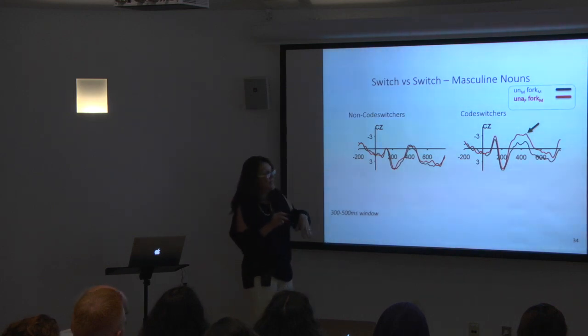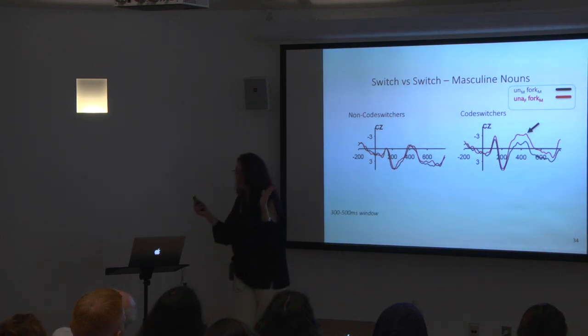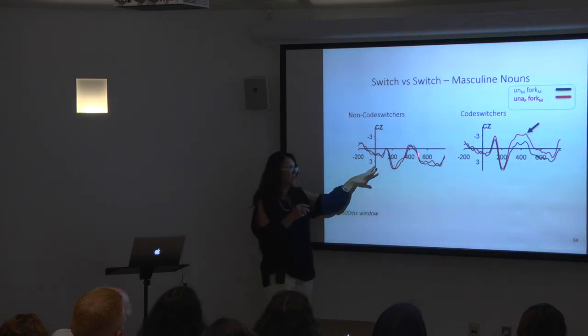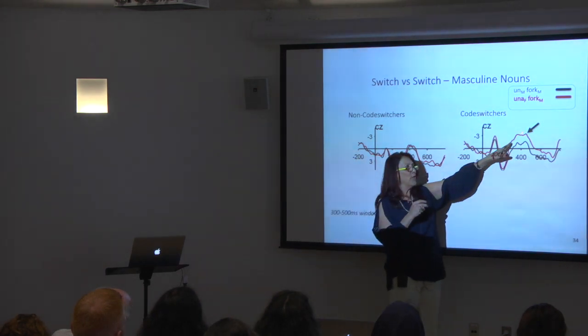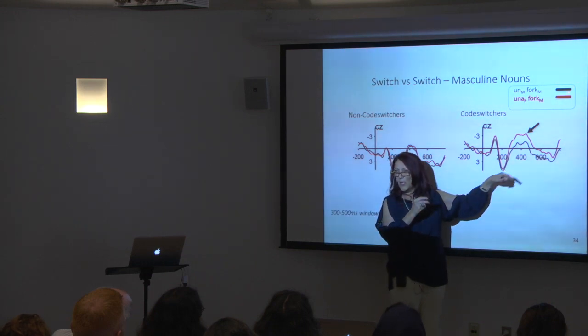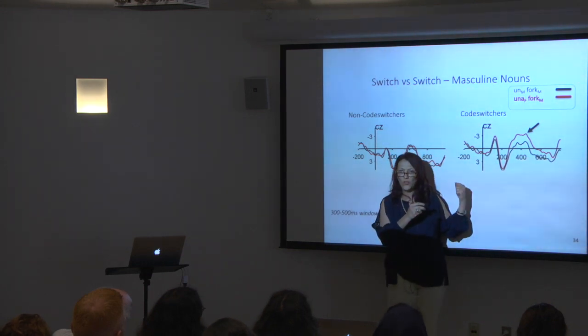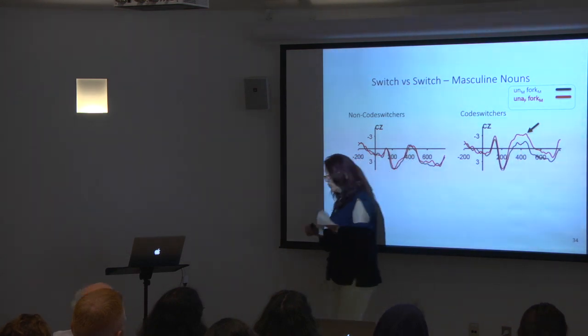And what you find is that when they are processing un fork versus una fork, and remember una fork is the type of code switch that we never find in bilingual speech, the non-code switchers basically don't show a difference. Whereas the code switchers, for the code switchers, processing una fork is difficult, okay? Processing what they don't see in code switching is hard relative to processing what they see in code switching.